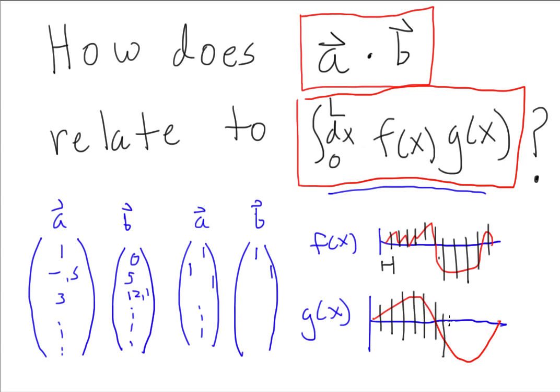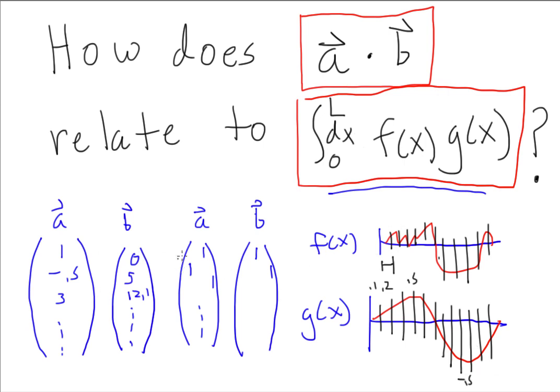If you start looking at f of x and g of x in this way, on the interval 0 to L, they actually become just a series of numbers. So maybe on g of x, this is like 0.1, then 0.2, and it goes up to maybe 0.5, and then down to minus 0.5 over here.